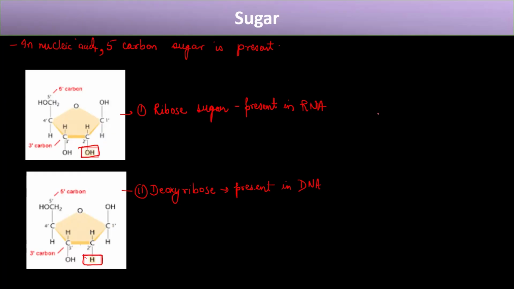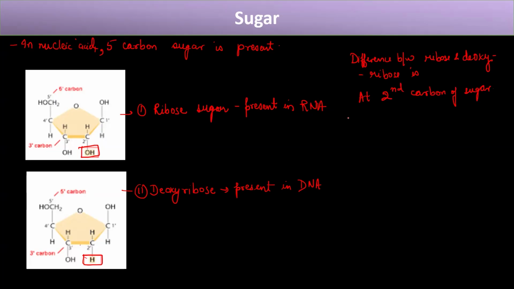The difference between ribose and deoxyribose is at the second carbon of the sugar.